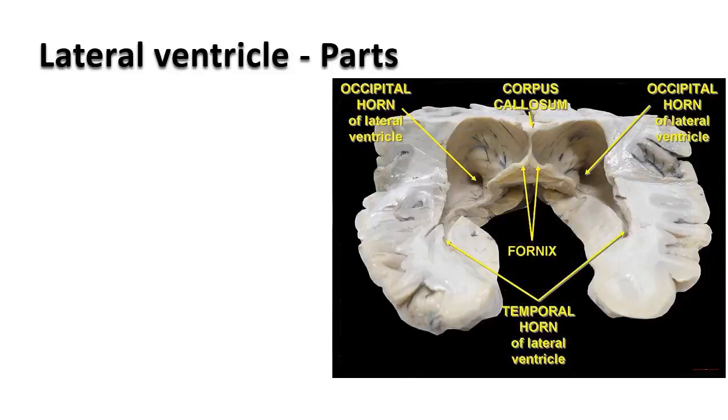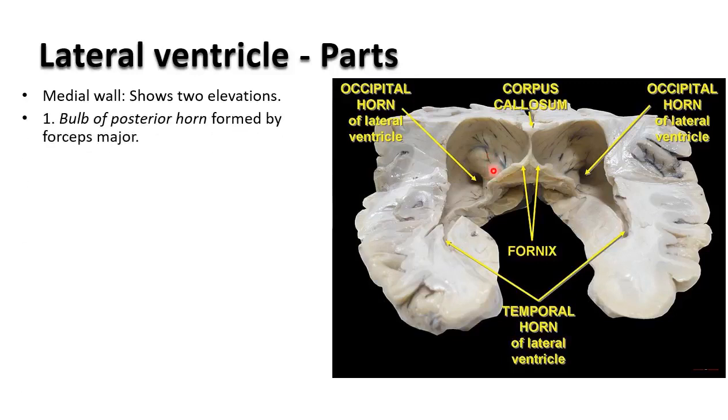Coming to the other boundaries, on the medial wall you see two elevations, two bulges. The first elevation is called the bulb of the posterior horn of the lateral ventricle. So what are these fibers? The fibers sweeping from the splenium in a fork-like manner, we have seen them, are the forceps major fibers.